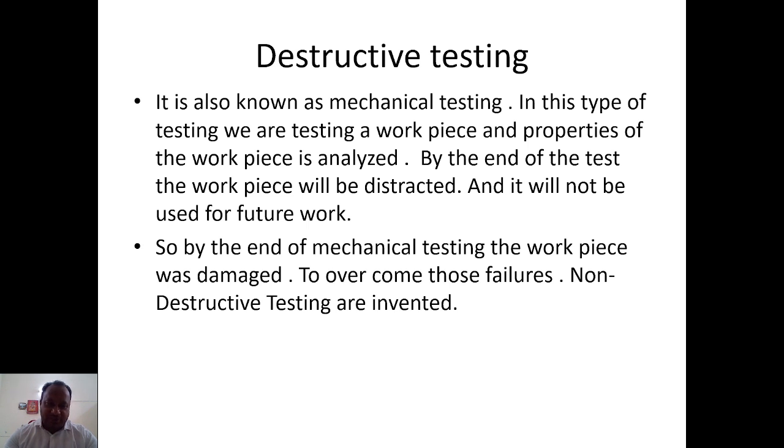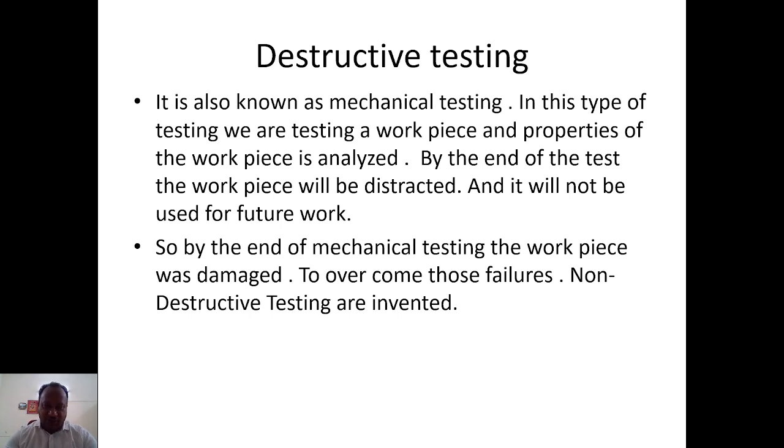By the end of the test, the workpiece is destroyed. The test workpiece cannot be used further and is discarded, so it is not used for future work. At the end of mechanical testing, the workpiece is damaged.